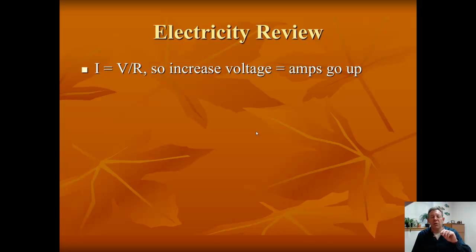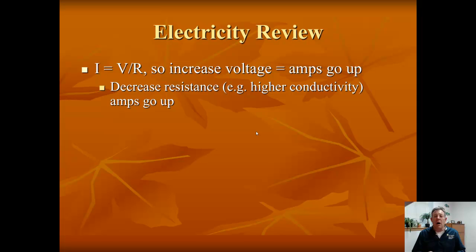So increasing the voltage will increase the current. If you decrease the resistance, you also increase the current. Right? And so we said if you got higher conductivity, the electrons flow better. And so if you have water that has lower resistance, for the same voltage, you will have more electrons flowing through it.